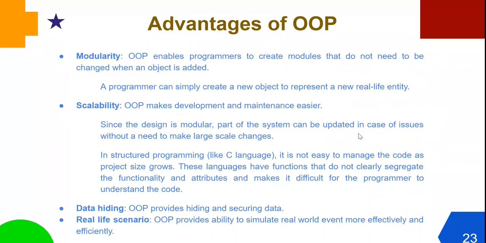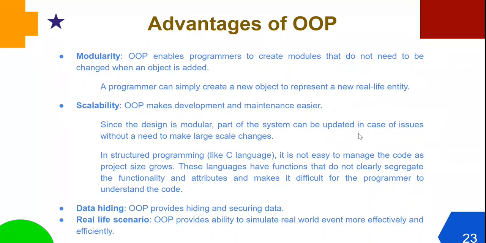Modularity: we can break down the code into smaller pieces so that it will be easy for us to refer to it at a later stage, and we can make modifications to the class. We are making a class as a template, and we are using the objects to fill the values inside the template.